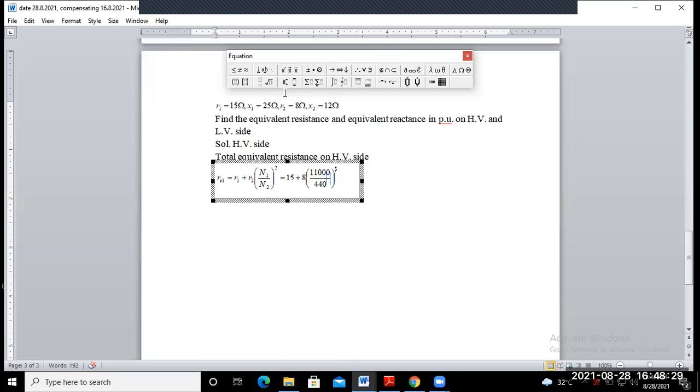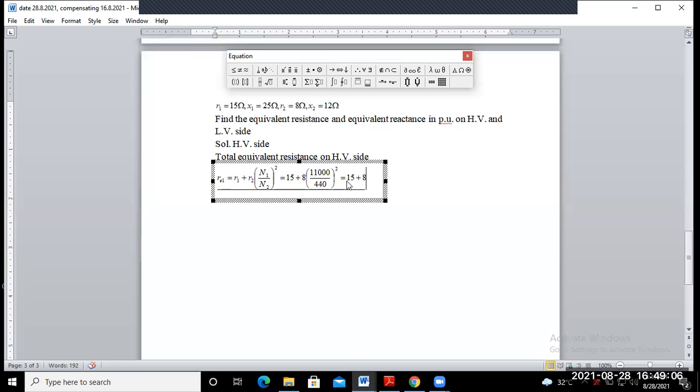So solve this one. 15 plus 8 into 11,000 divided by 440. So 11,000 divided by 440 equal to 25. So 25 whole square is equal to how much? 625.